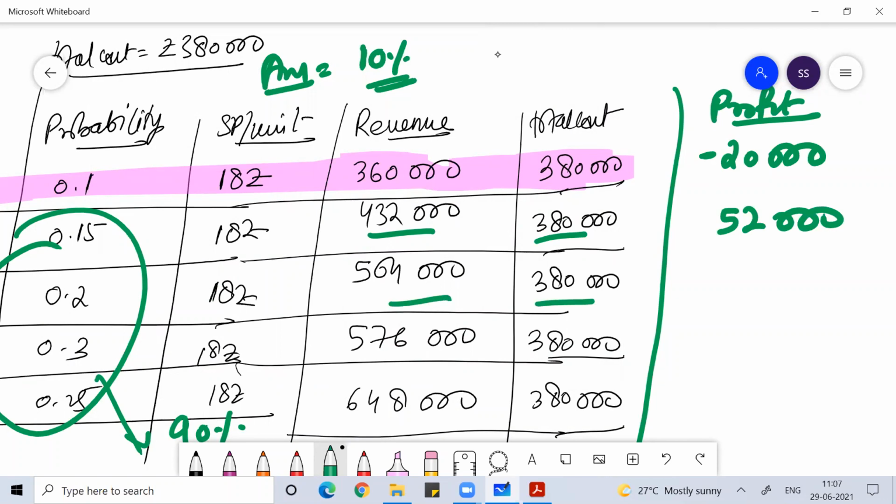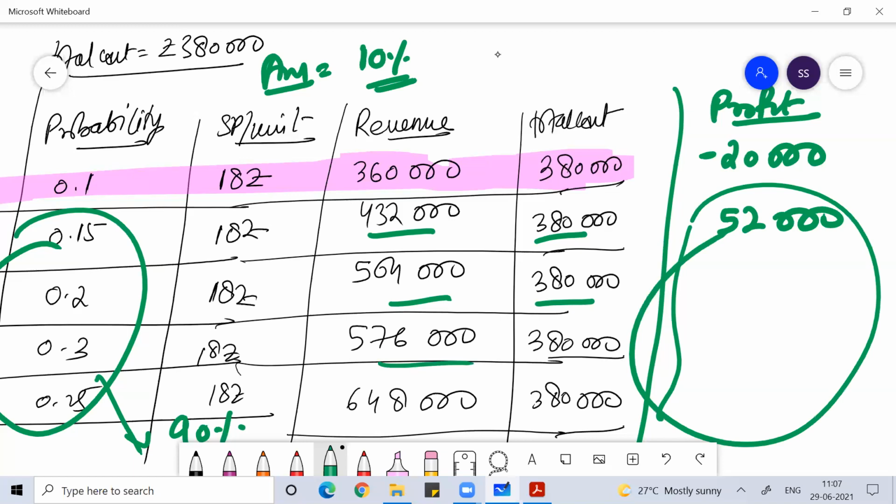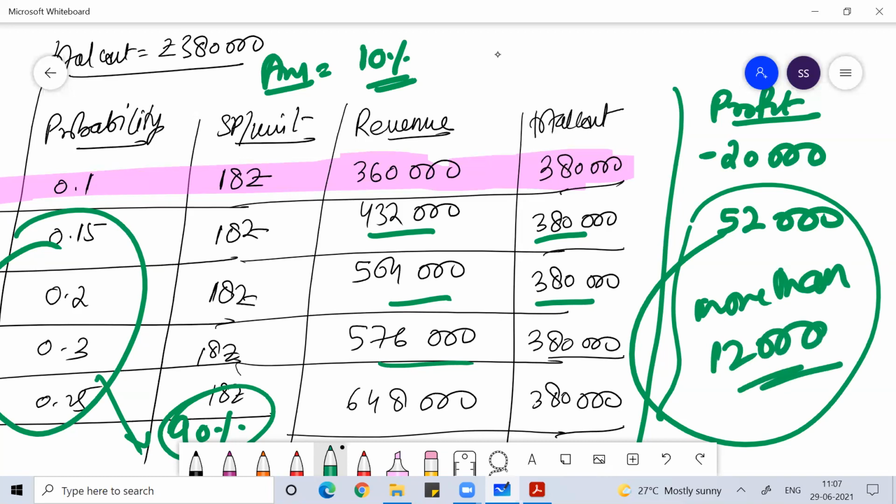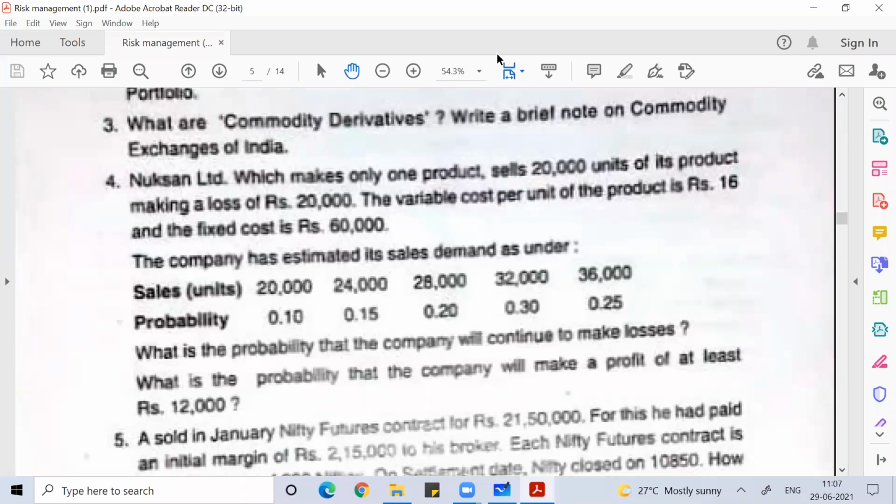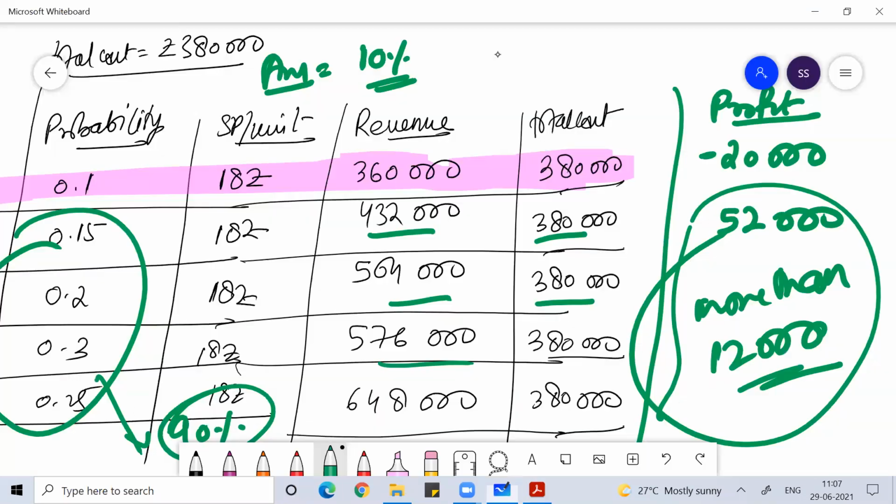It will all be bigger than 52,000. So more than 12,000 definitely in all the 90% cases. Are you getting it? In all these cases, their profit is more than 12,000. So in 90% of cases, the company will get a profit of more than 12,000 rupees.